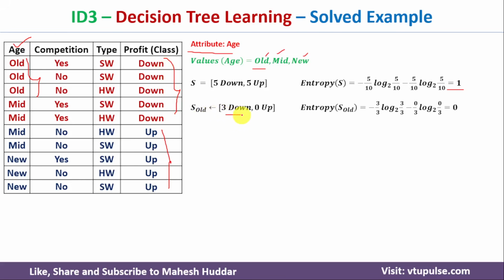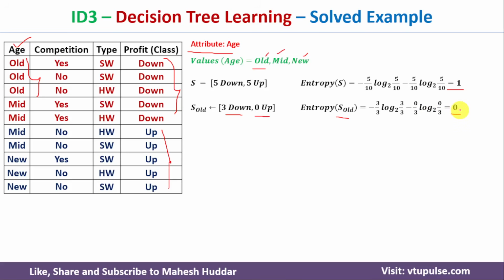So here 3 down examples, 0 up examples. So the entropy of the attribute value old is equal to minus number of down examples for old divided by number of old examples into log of the same ratio, minus number of up examples divided by number of old examples into log of the same ratio to the base 2, which is equal to 0.